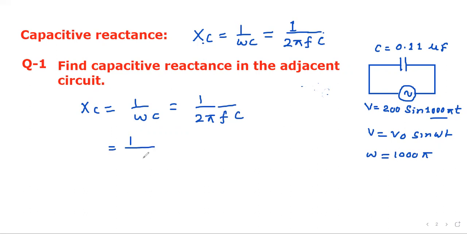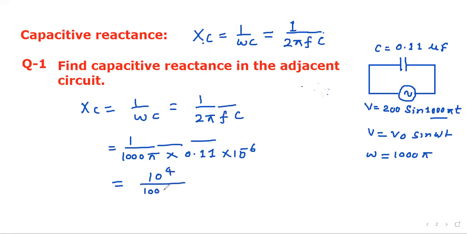So 1 upon 1000 pi times C. C is 0.11 into 10 to the power minus 6. So this will become 10 power 4 divided by 1000 pi into 11. So we can simplify it further.